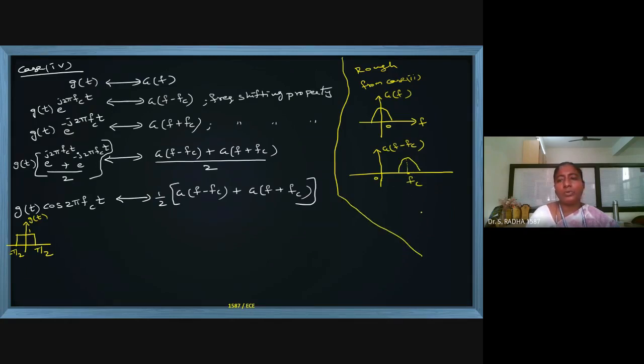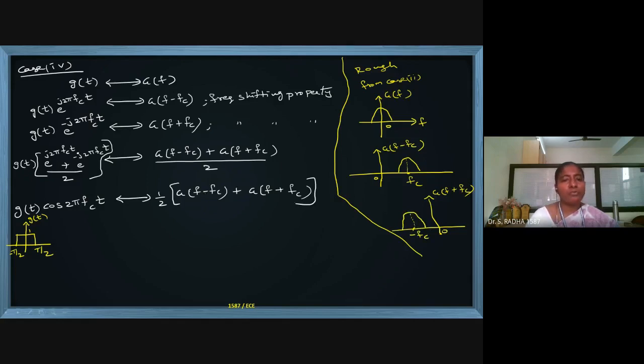Now, how to draw the diagram for G of f plus fc. Plus fc means you have to shift the original diagram to the left side, and this origin will move to minus fc. You draw the same diagram with respect to minus fc.